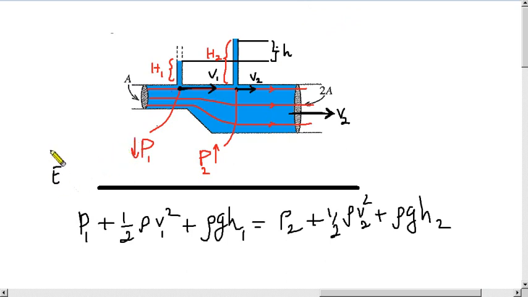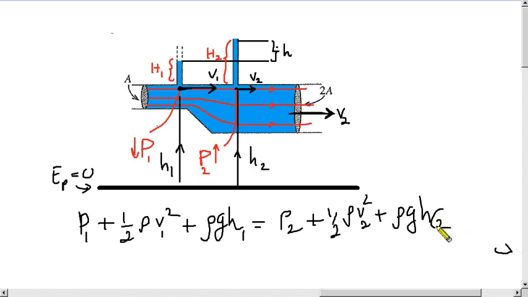Potential energy is 0 at this level. So relative to that level we have to measure the height to this point 1, that is h1 here. Then to point 2 you have to measure the height h2, that is the h2 here.